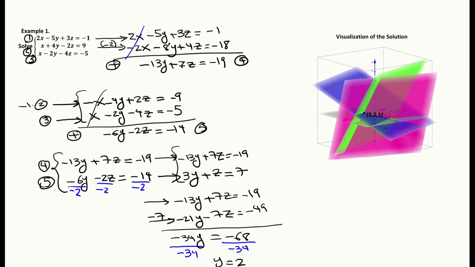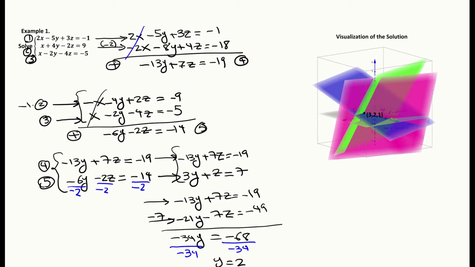That's beautiful because now I can take that value of y equals 2 and go into basically any of these four equations and get the value of z. Of course, I'll pick that one because that's the easiest one to work with, since z has a coefficient of 1.